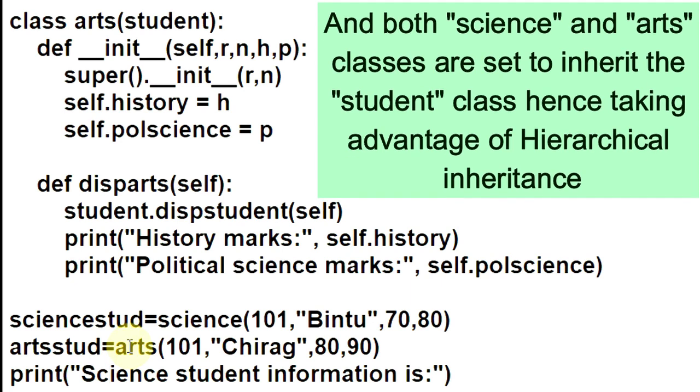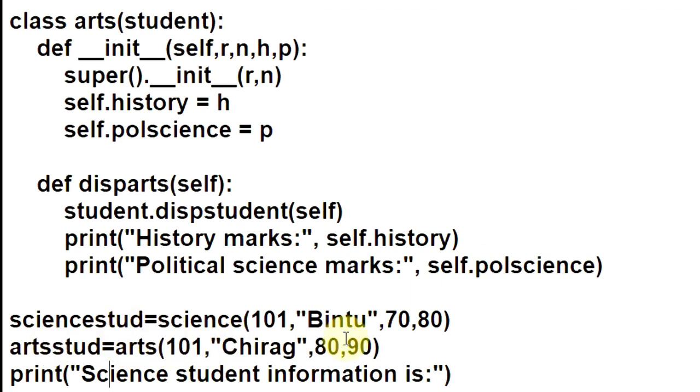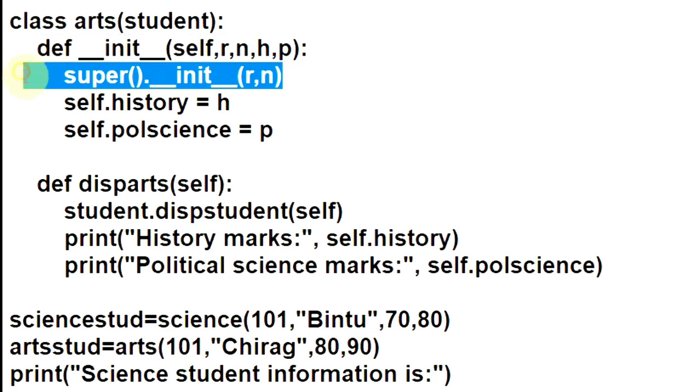Here you are making an object of the arts class by name arts stud and you are passing four arguments. So Python compiler will invoke the parameterized constructor of the arts class. Control will jump over here. These values 101, Chirag, 80 and 90 will be assigned to these parameters R, N, H and P. From here you are invoking the parameterized constructor of the superclass. The superclass of arts class is student.